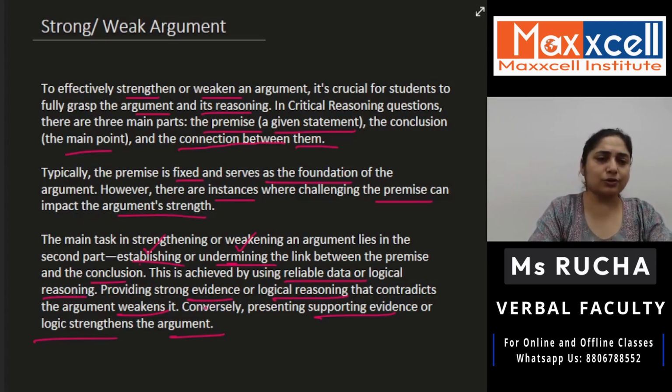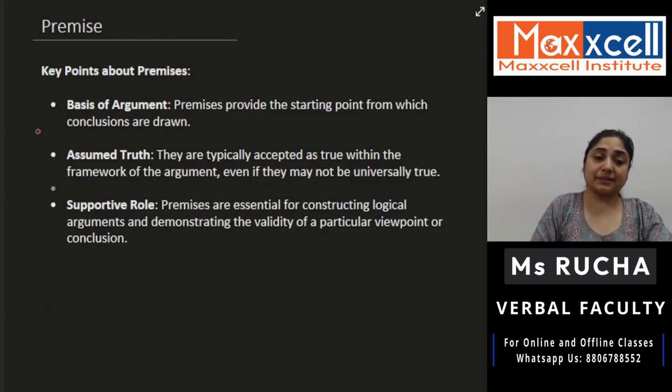Now let us also understand premises in detail. What is a premise? Premise is nothing but the basis of an argument. What is the basis of this argument? If you don't have statements, premises, on what basis will you come to a conclusion, right? So these premises are considered as assumed truth.